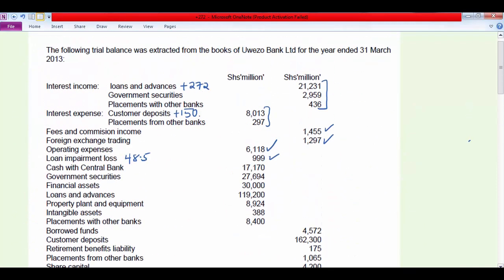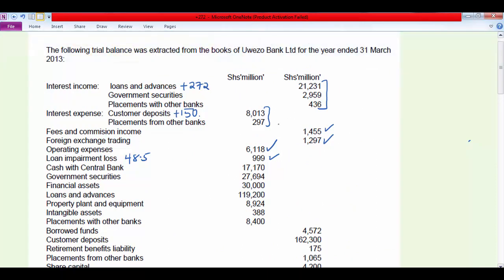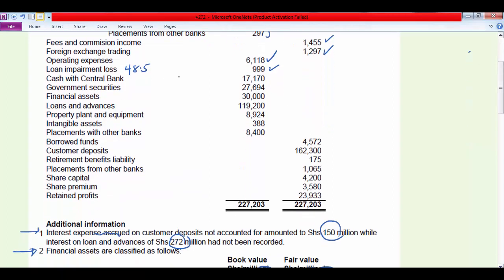The second part of the question asks us to prepare the statement of financial position. So here all we do is we pick all those items that are assets. And what are the assets that we have? Cash with central bank, you can see it. That can be my first. Government securities will be my second. Financial assets is not so bad, but let's see whether there is any other.